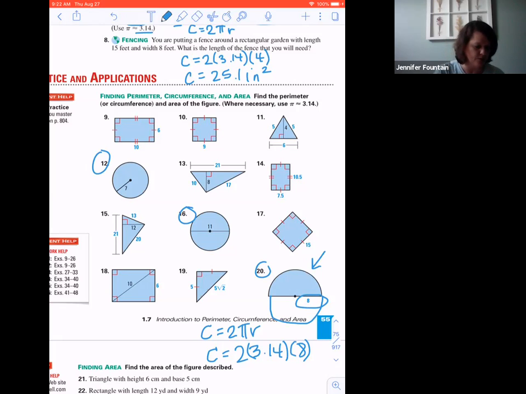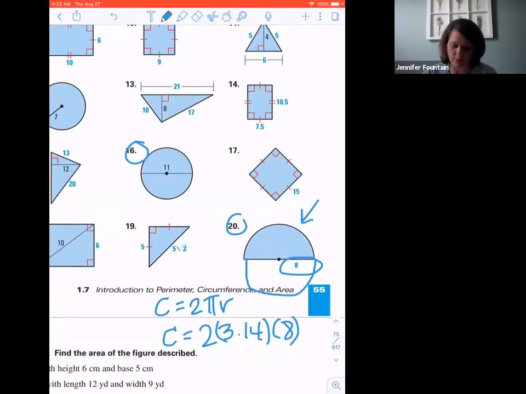Hold on a second, let me see. So it says find the perimeter and the area. Okay, so I was looking at my numbers in my book and I was like, well, wait a minute, what is this? For some reason that's not coming out right with what my book has, but if you're using the formula, and we were doing the whole entire circle, we would have 2 pi r. So we'd have 2, 3.14, and our radius it says is 8.